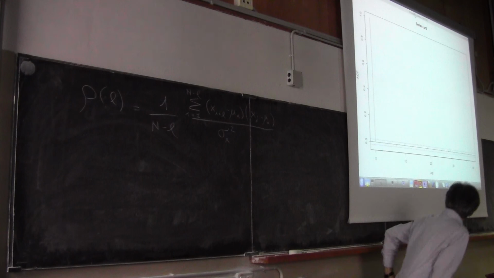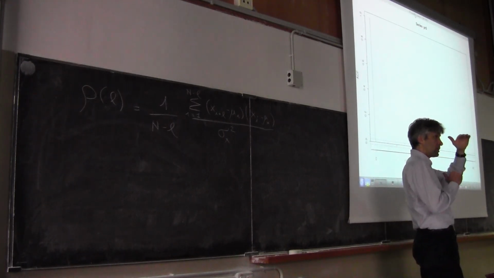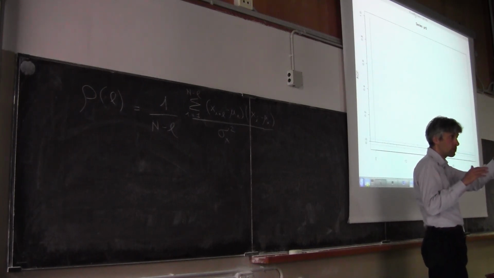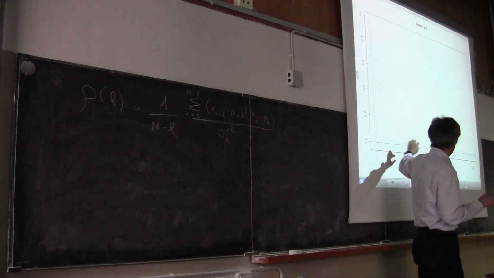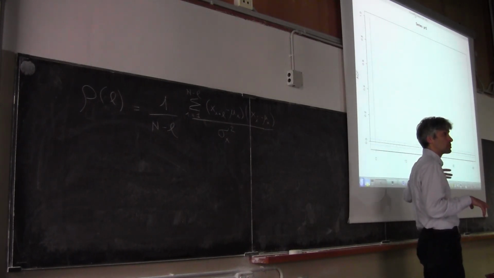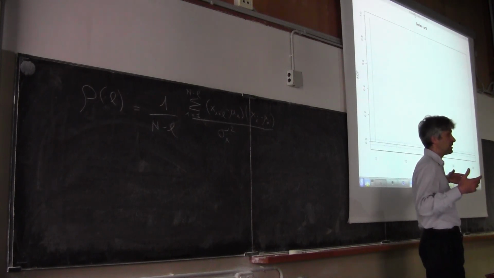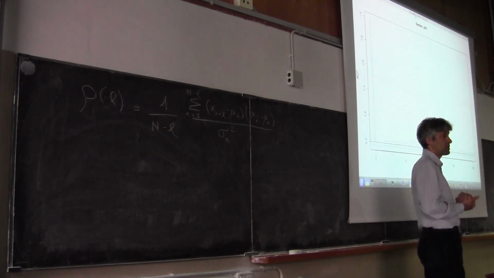You see these bars. They are almost all included within the blue lines. I will explain later what they mean. But in any case, you see that the values for the correlation coefficient are very close to 0. This is what we were expecting, because we generated data that have no memory. We just picked up outcomes from a distribution.